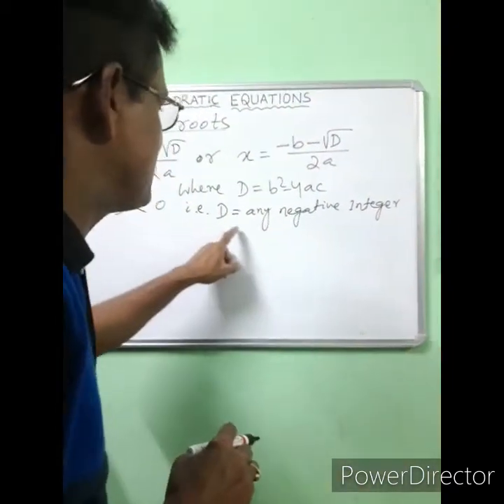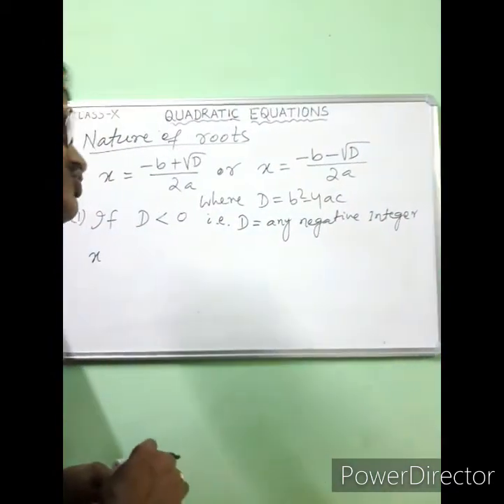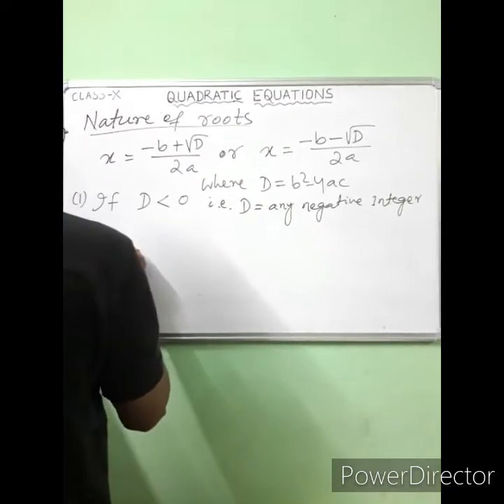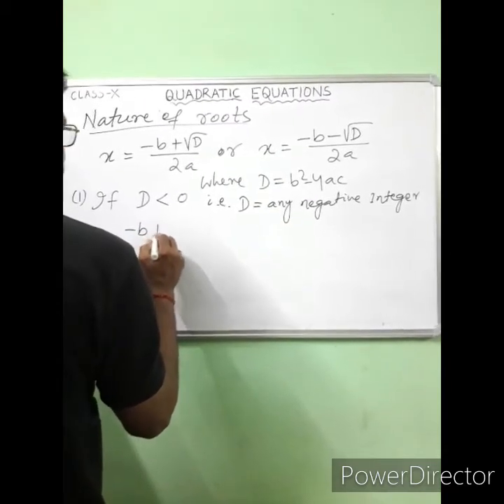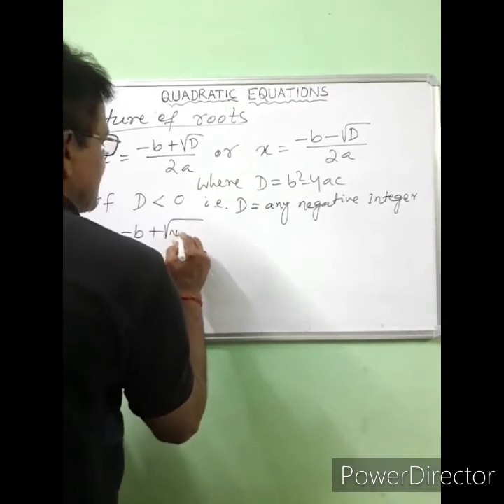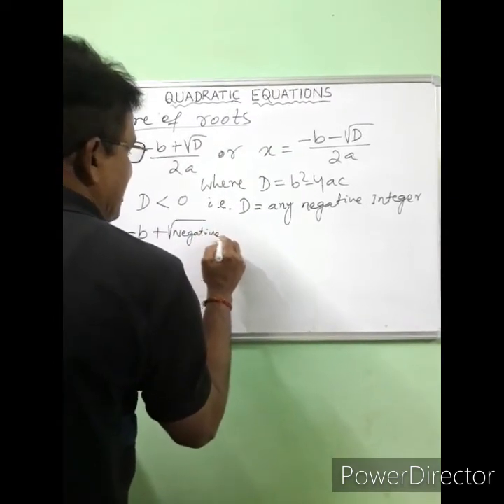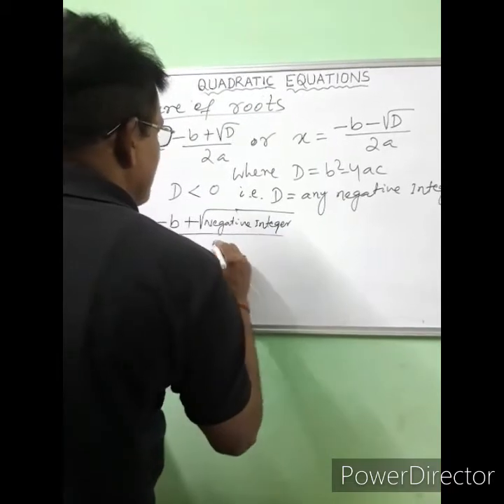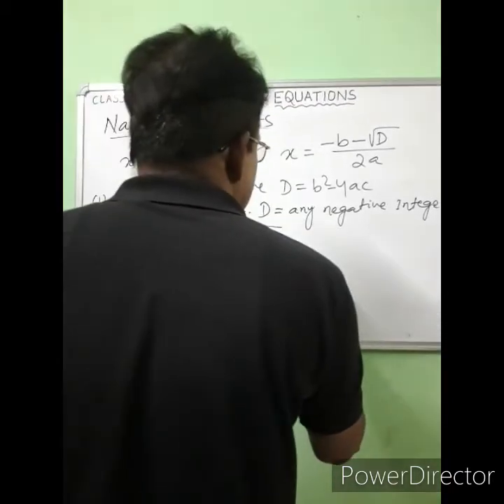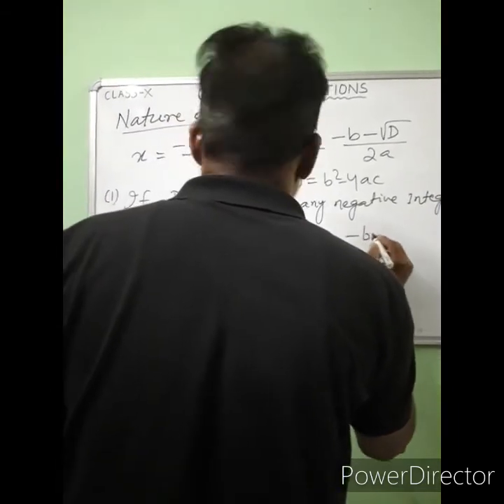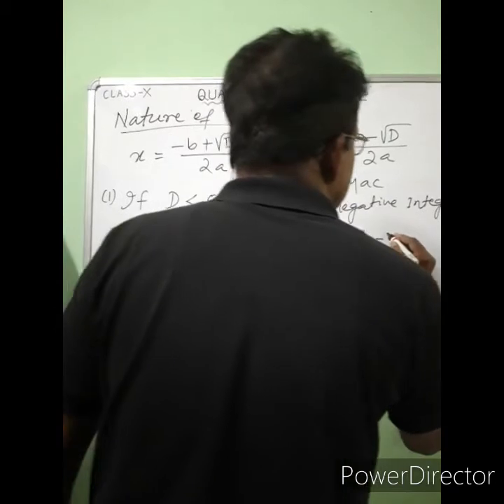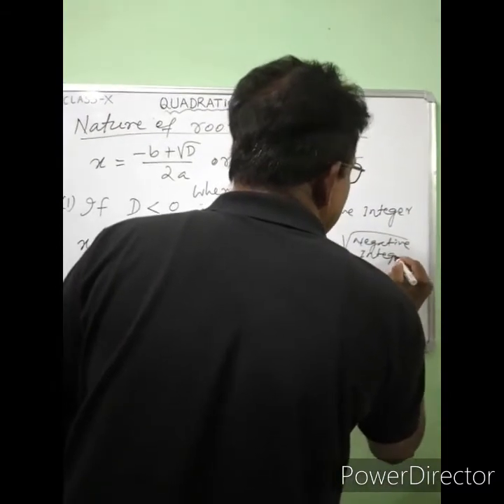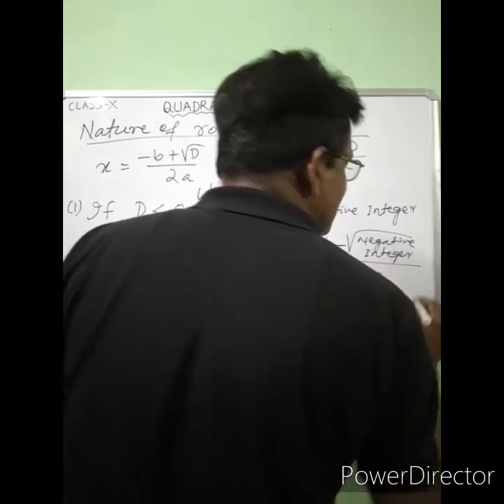D less than 0 means D is equal to any negative integer: minus 1, minus 2, minus 3, etc. So the roots are like this: x is equal to minus b plus root over of a negative integer, by 2a, or x is equal to minus b minus root over of a negative integer, by 2a. Clear?